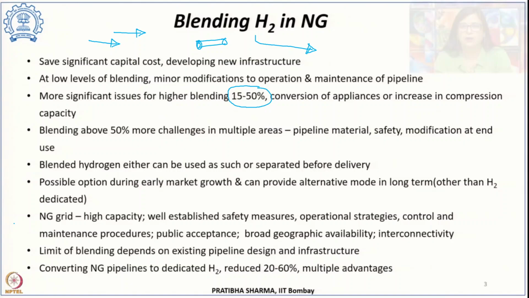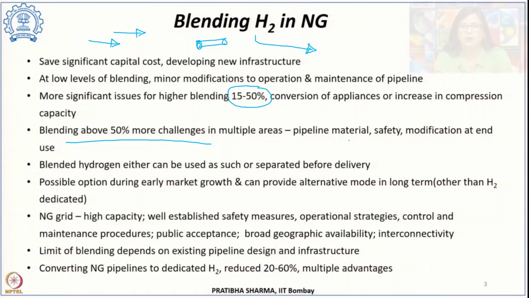There is a specific amount of hydrogen you can add, otherwise it will not effectively carry the blend of hydrogen and natural gas. Blending above 50% is more challenging, but you can keep it below 50% or 40%.